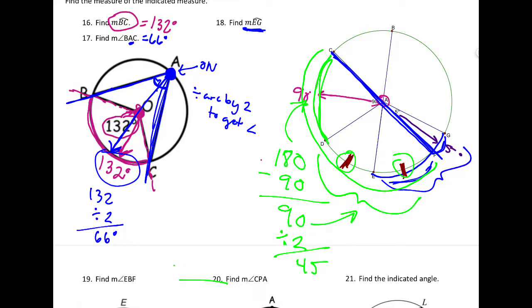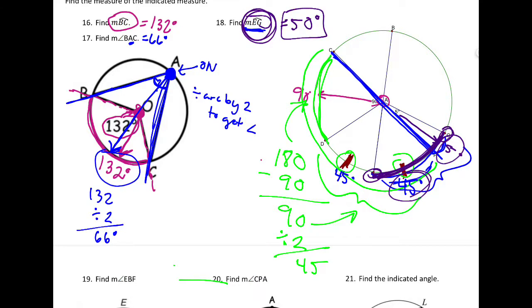So each arc right there is 45 degrees. So this is 45 degrees, and so is this arc here. So now if I focus back on what I'm actually finding, which is EG, so from E to G, I add up everything along that arc. Well, I'm adding the 45 degrees and the 5 degrees. So that is 50 degrees.